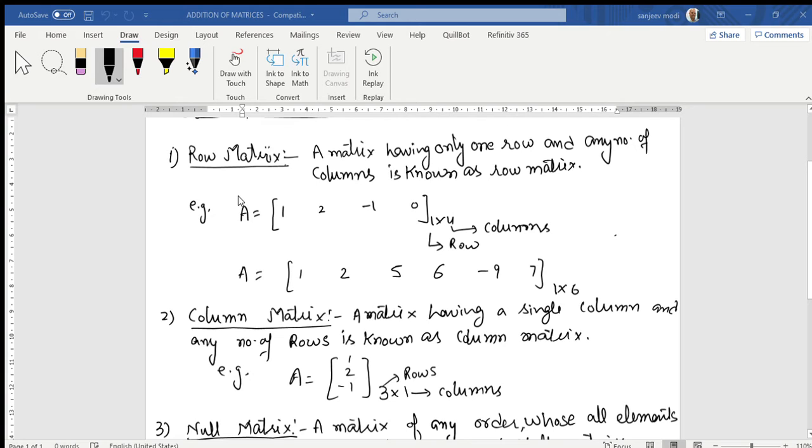Let me explain one thing more in this square matrix.